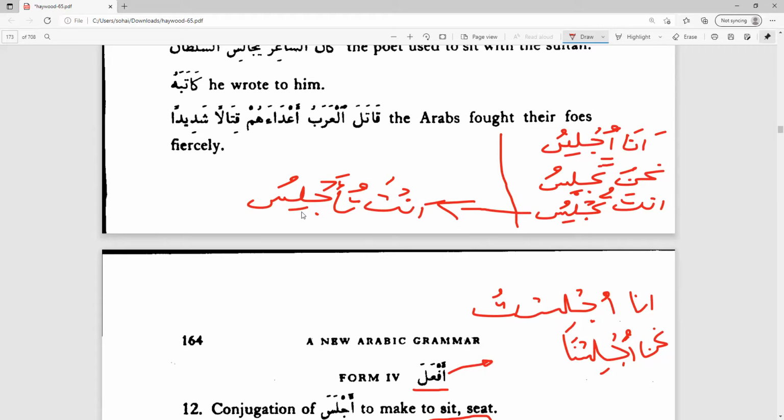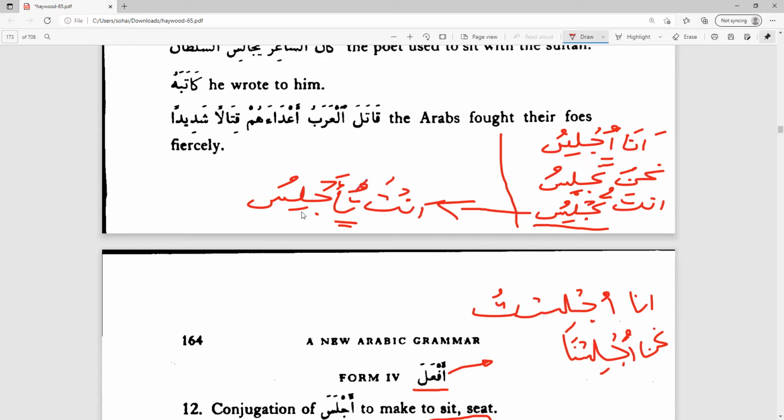However, when you make the fi'l amr, the imperative, the command, we don't take anta tujlisu and then drop the ta. We just say how it was originally: anta tu ajlisu.